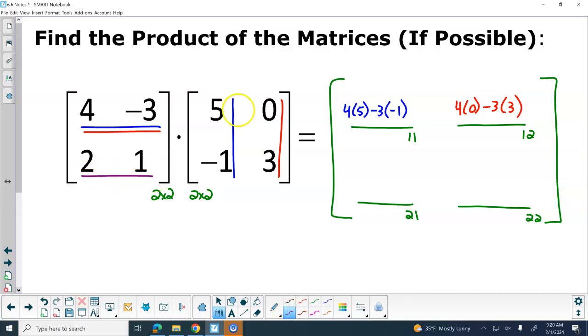Second row, first column: 2 times 5 plus 1 times negative 1. Second row, second column: 2 times 0 plus 1 times 3.